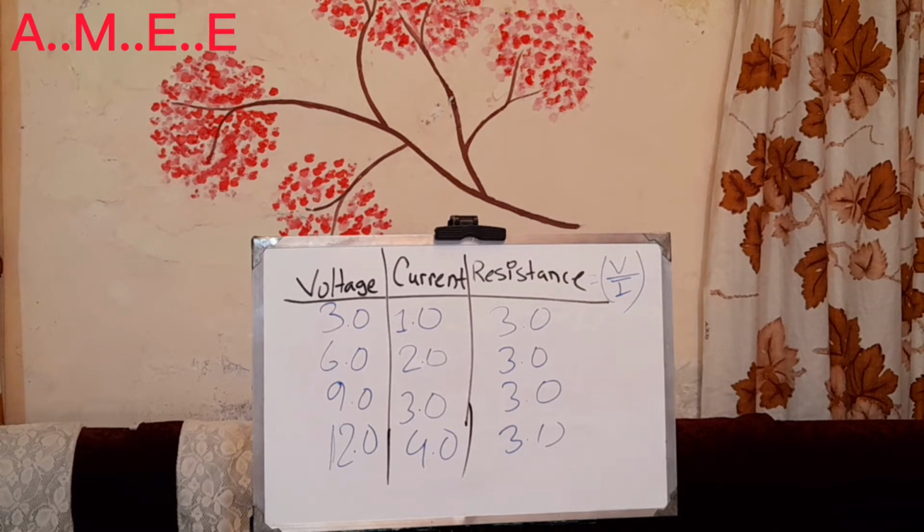So the formula for calculating resistance is voltage across current, which means resistance equals voltage divided by current.